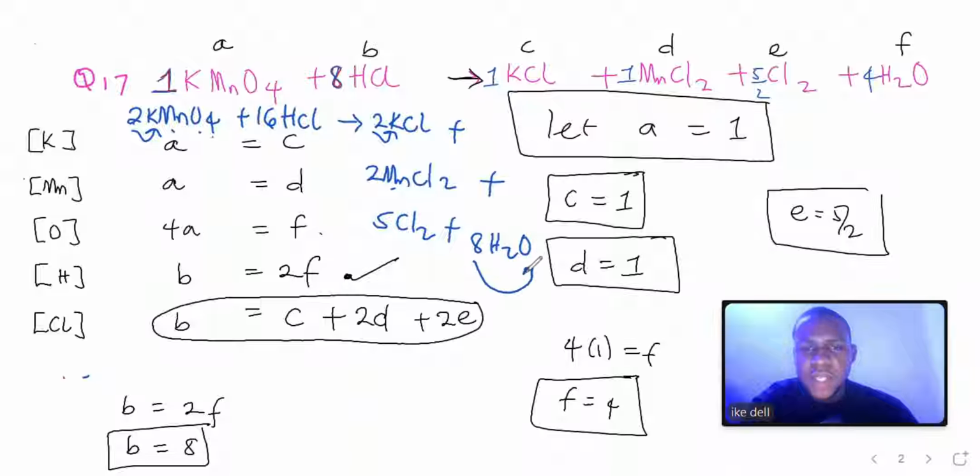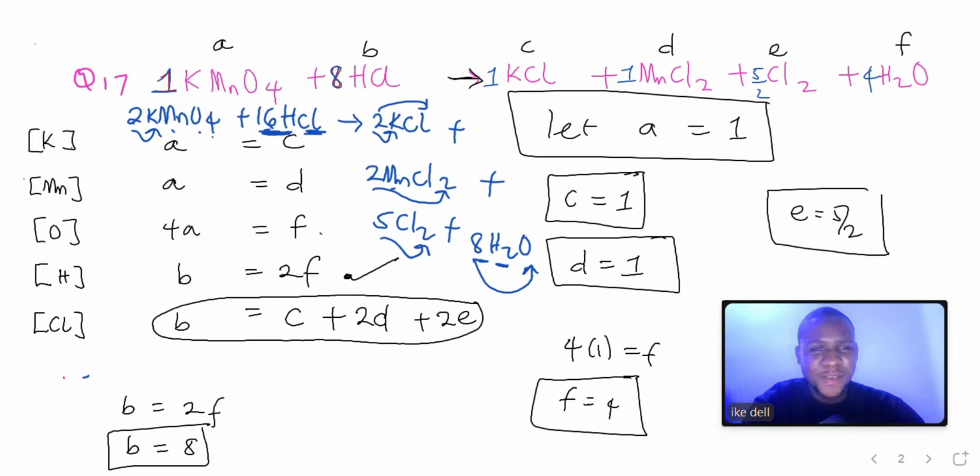Oxygen here is also 8, as you can see. Hydrogen is 16. Over here, 8 times 2 is also 16. What else? Chlorine is 16 as well. So chlorine here is 2. Here is 4. So 4 plus 2 is 6. And then this 10 here makes everything 16 as well. So that's how you know that everything is balanced.